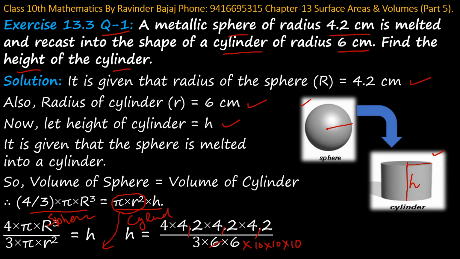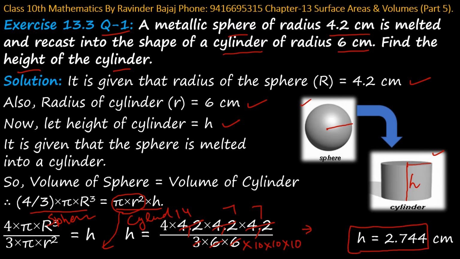Now 6 sevens are 42, 6 sevens are 42, and 3 ones are 3, 3 fours are 12. So 4 into 14 into 7 into 7 divided by 1000 will be, let's solve it. h is equal to 2.744 centimeter. So the height of the cylinder is 2.744. This is the answer.